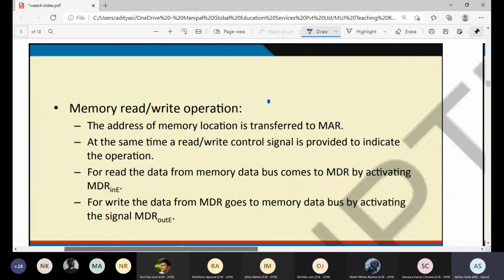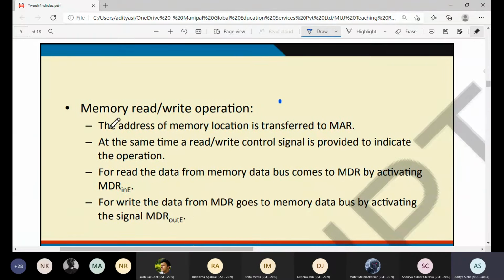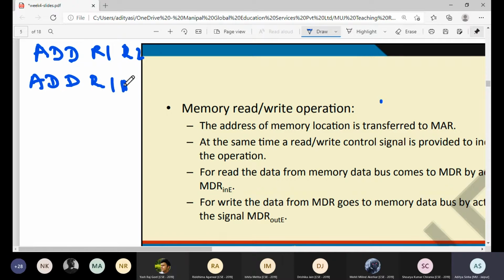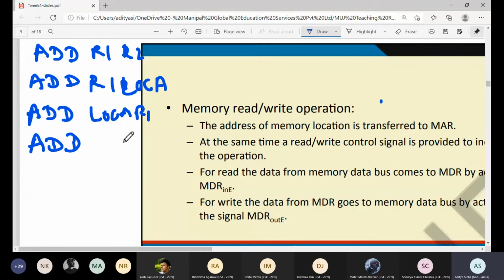Now we were looking at the data path. Is it clear to everyone for all the locations and all the examples: if the data is located inside the processor, what will be the data path? If the data is located outside the processor, what will be the data path? Hopefully it is clear to everyone. Did you draw the data paths for various examples?